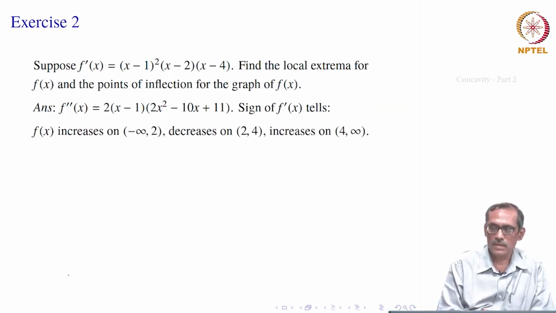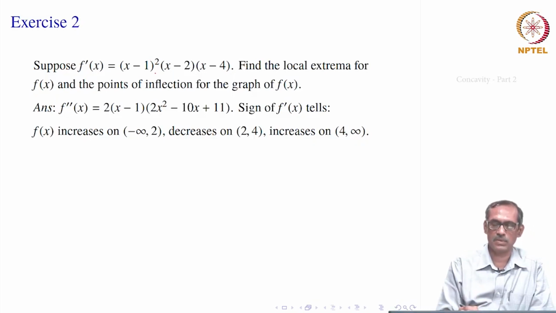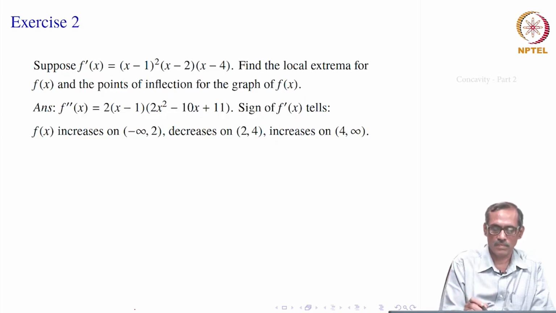Directly, you can also see that going from minus infinity to 1 does not really matter, because it is x minus 1 squared. So, we can go from minus infinity to 2 instead of stopping at 1. If you stop at 1, of course, you will get the same result between minus infinity to 1 and then from 1 to 2.